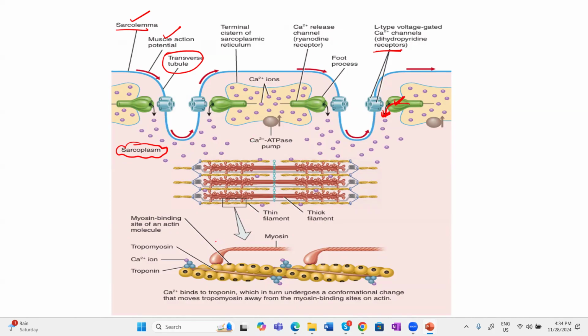This calcium will go and bind to the troponin. As a result, the troponin moves, making the tropomyosin move, and active sites present on actin are exposed so that the myosin head can bind. Is it clear? So calcium binds to troponin, which undergoes a conformational change, which moves tropomyosin so that the active site is exposed.